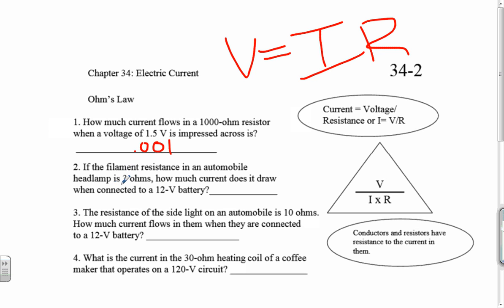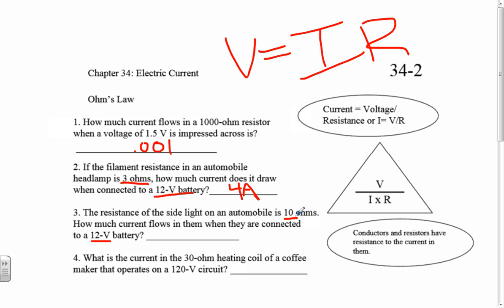Okay, next thing. I'm giving you 3 ohms, so I'm giving you resistance, and I'm giving you a 12-volt battery. So again, you can use this formula here. Voltage is 12, resistance is 3, and I need current, and you get 4 amps. All right, how much resistance for this one? So I have 10 ohms and I have 12 volts.